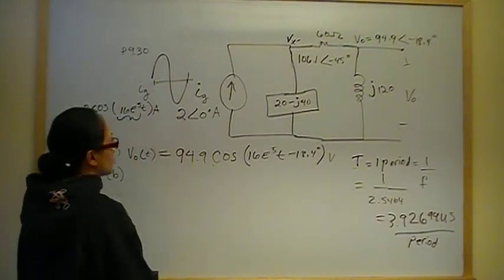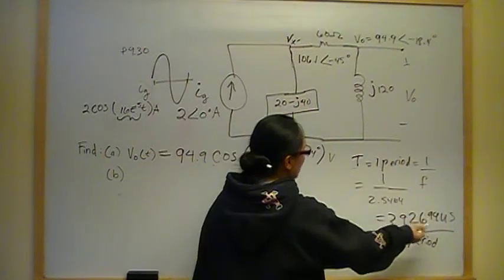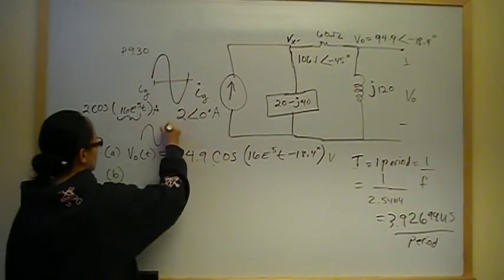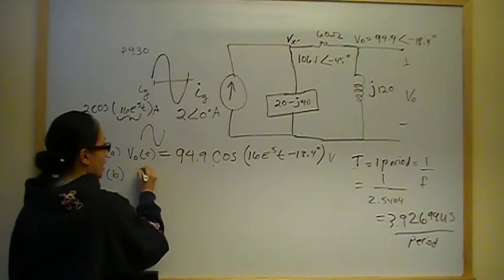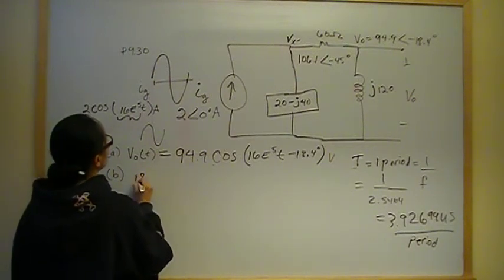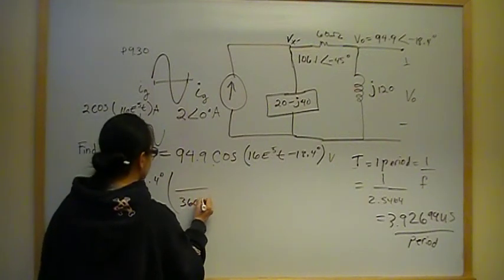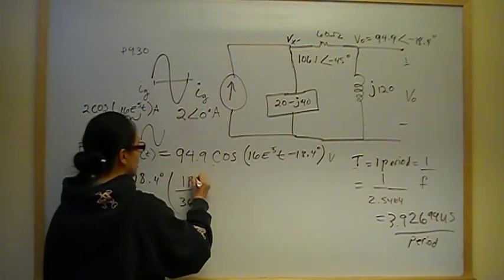Since the units for this is time per period, we need to go find one period, which is a full cycle. So we have 18.4 degrees, and there's 360 degrees per one period.